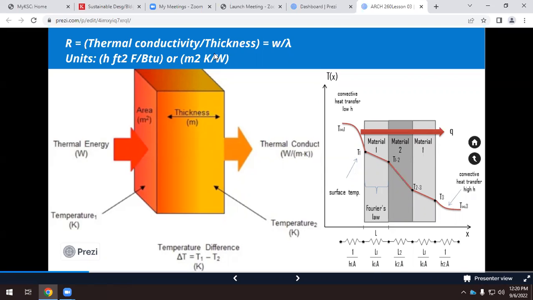But units are important, and the units of thermal conductivity are power divided by temperature and distance. And then we can have watts, BTU per hour, we can have Fahrenheit or Kelvin or Celsius, and we can have whatever, but it's always that way.